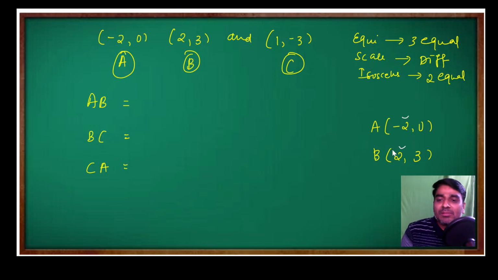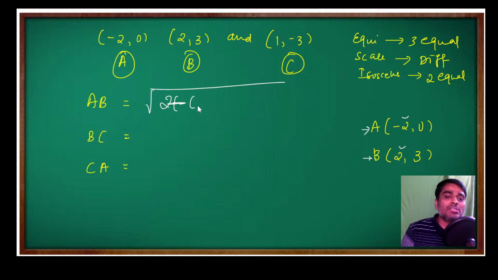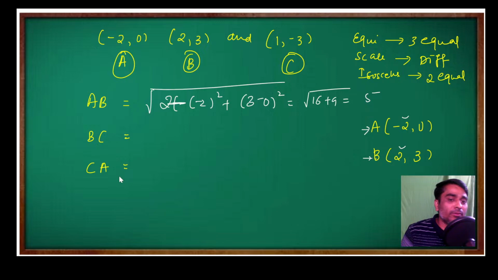The below one you take first and the upper one next. So 2 minus of minus 2 whole square, plus 3 minus 0 whole square. 4 square is 16 and 9, 25. That means I am getting 5. See how simple it is.